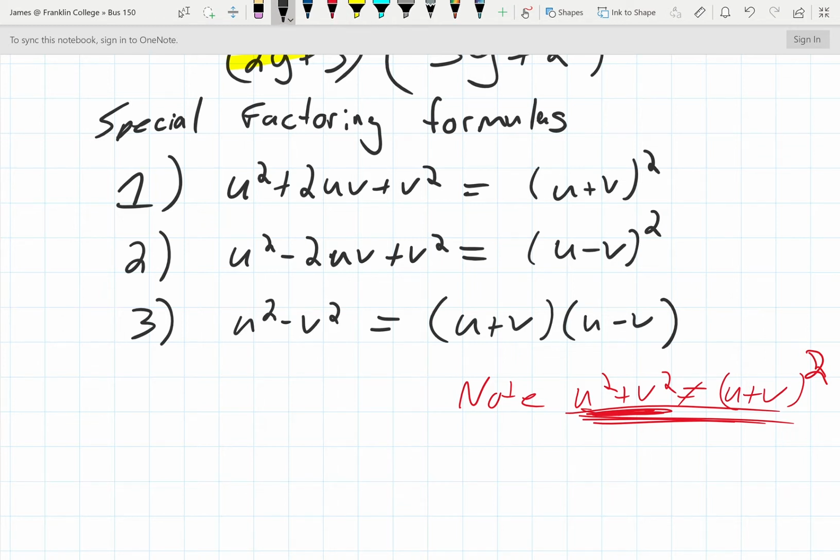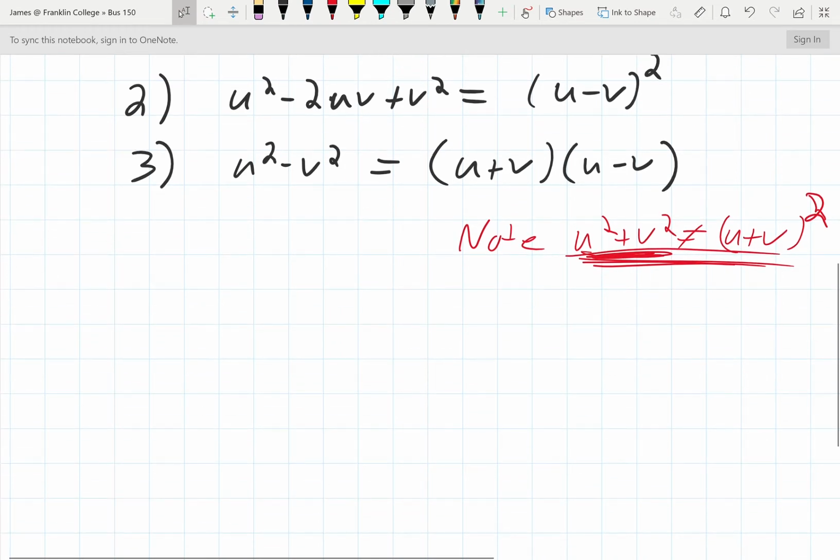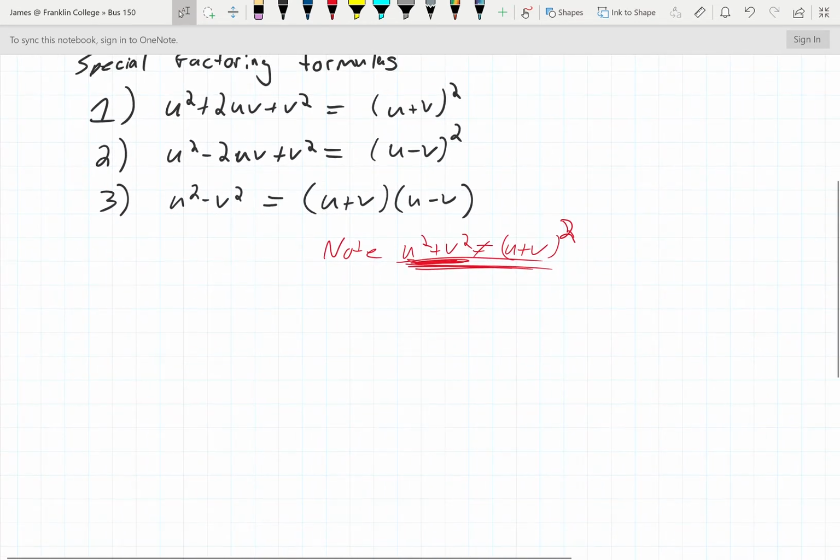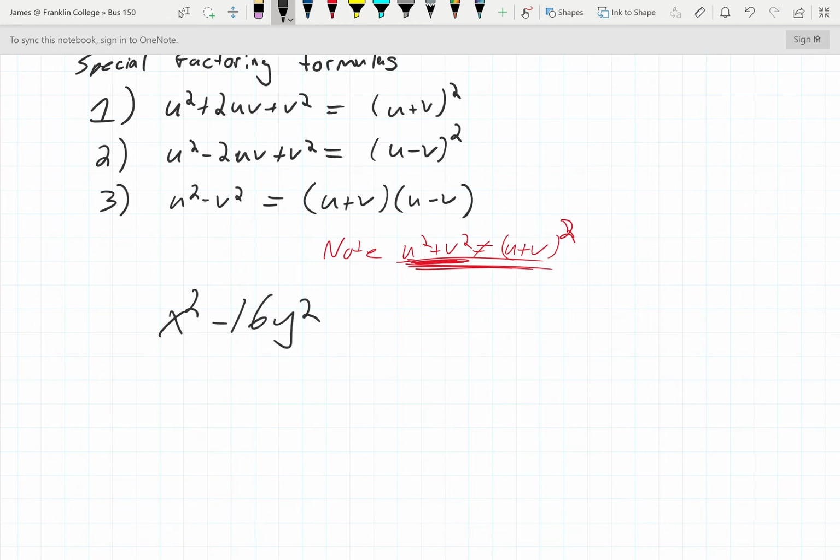Alright, so let's deal with a quick example. If we have x squared minus 16y squared, that's example A, well, we can factor this. We can actually see that we have the difference of two squares. So this first one here, we have an x being squared, and 16y squared is just 4y squared.